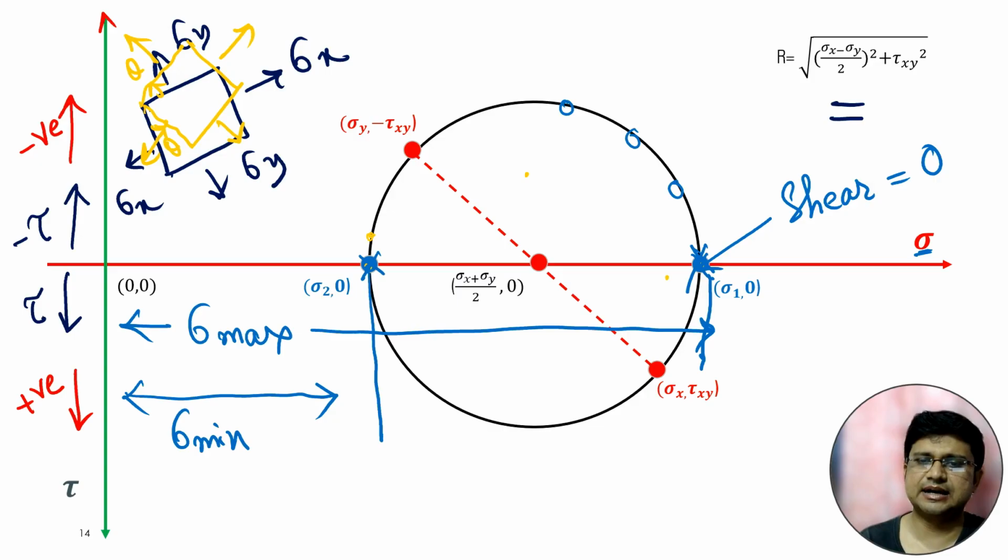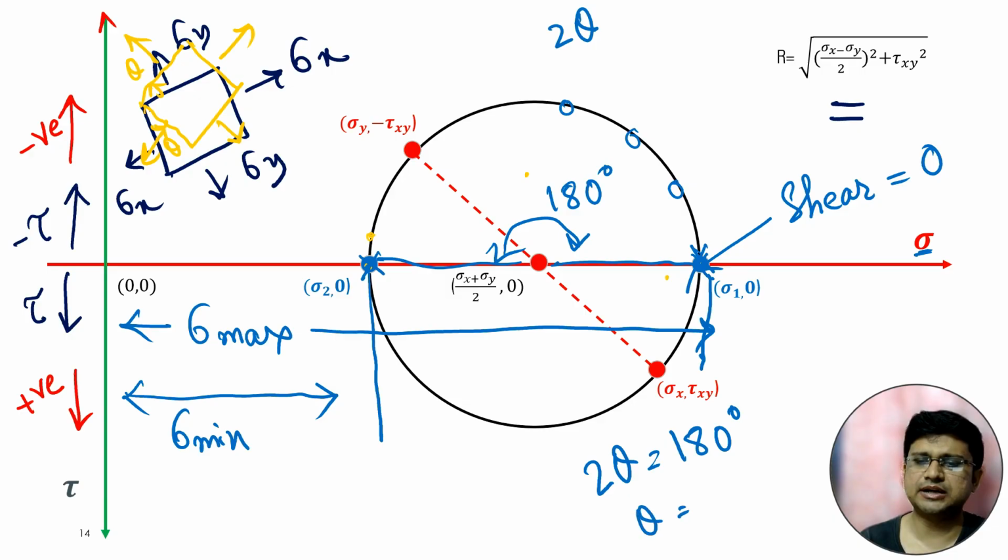And what is the angle between these 2 points? Their gap is 180 degrees. And in the Mohr circle we are always considering 2 theta. Now the gap between these 2 points is 180 degrees, so 2 theta is 180 degrees.